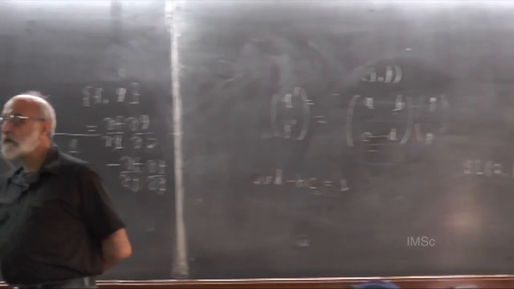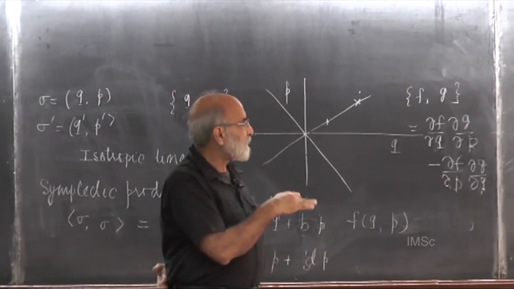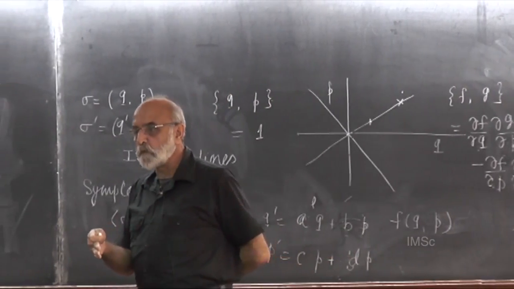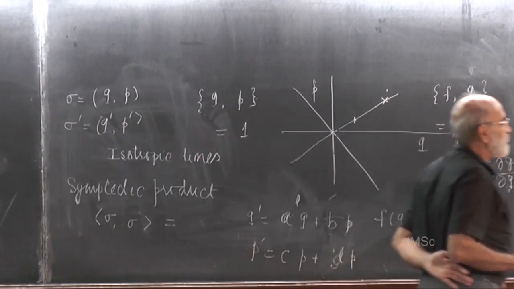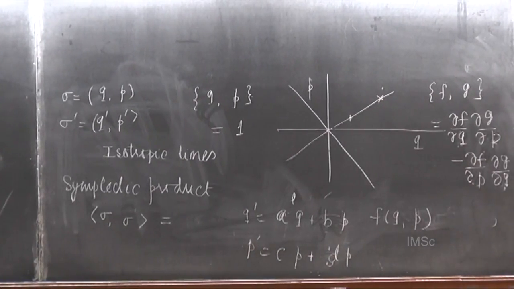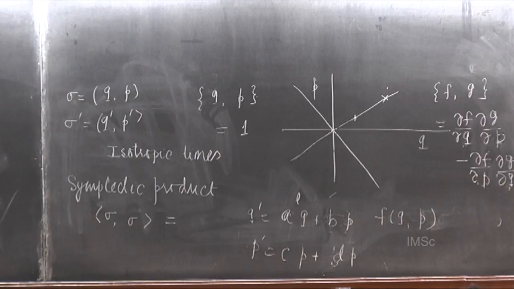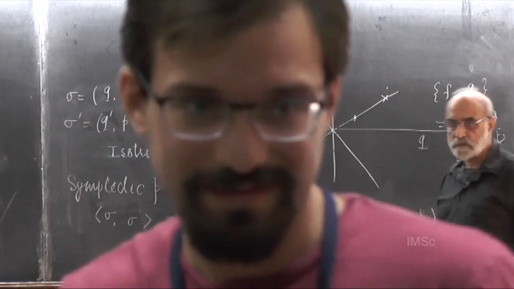SL2R. Later on, we will define a more general group of canonical transformations, and I'll leave the discussion till later, which is called Sp(2n,R). We are dealing with the situation n equal to 1, in which case it happens to coincide with SL2R.